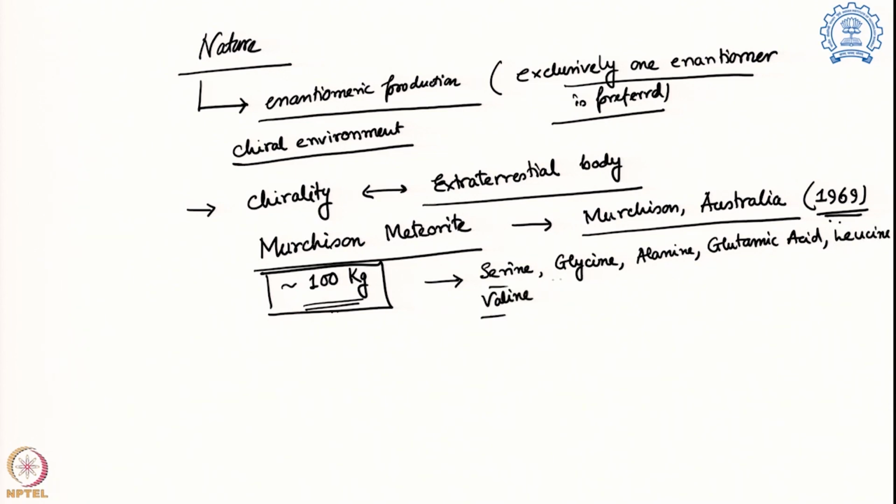So, those are the different amino acids found to be present in this meteorite. And very interestingly, what we also found is that other than glycine, which is an achiral one, all the other amino acids which are chiral in nature are present in enantiomeric excess.